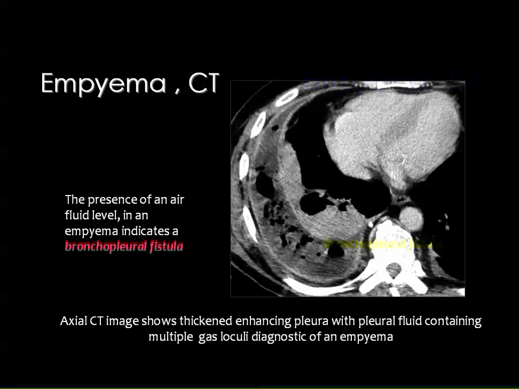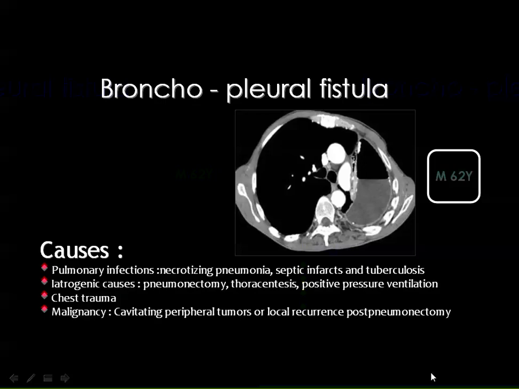And the third way is infection with a gas-forming organism, which is the rarest. So the commonest is the sequelae of previous intervention, the second is the bronchopleural fistula, and the least is infection with a gas-forming organism.